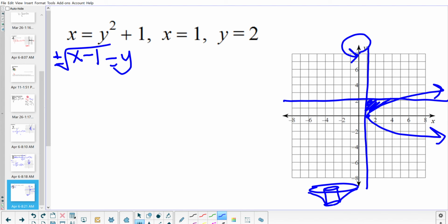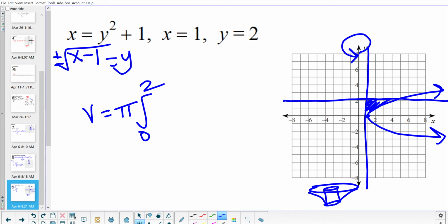Okay, so the volume of that would be, we can put that pi out front, and then we're going from the low y value 0 to the high y value 2. And then the big radius, which would be the right function, which is the square root.